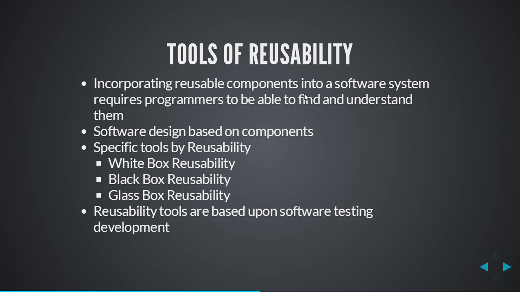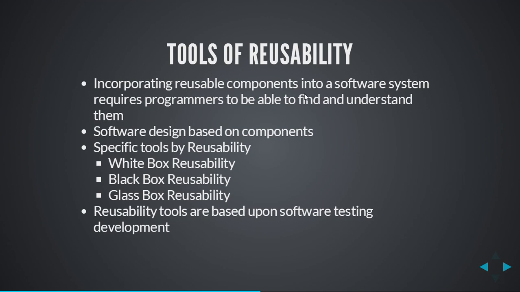White box reuse: when reuse is attempted, developers usually have access to the implementation code that can be modified to match a new project's requirements. This approach, in which code modifications are permitted, is referred to as white box reuse. White box reuse provides the facility to modify the code.